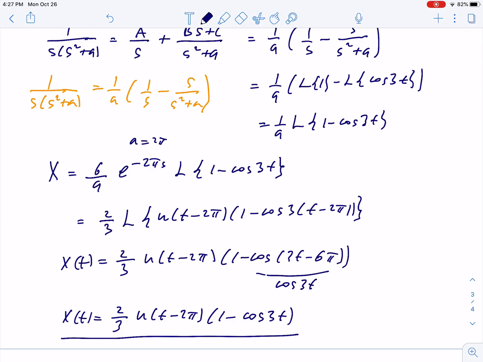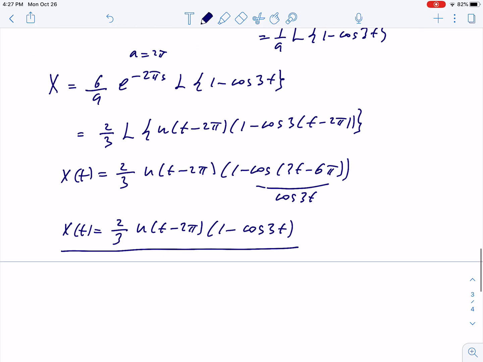Okay, we're ready for another equation. And let's solve also this. Solve the equation x double prime plus 9x equals, I shall just change the function f a little bit and make it this way.